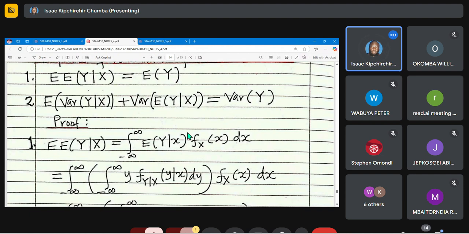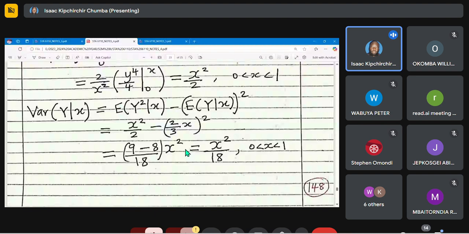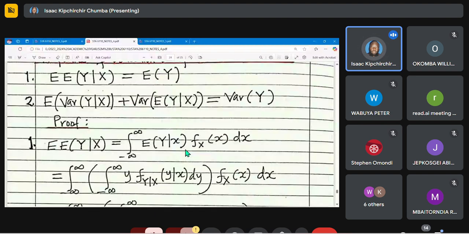Given X, you can actually see what you are doing here.